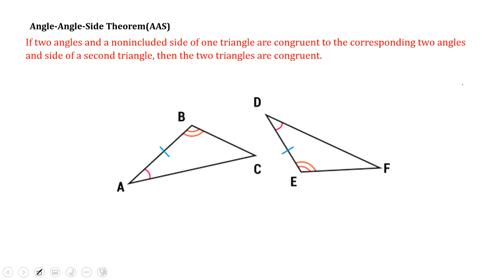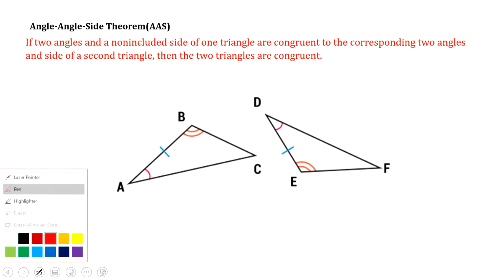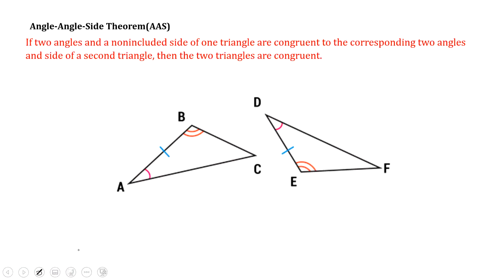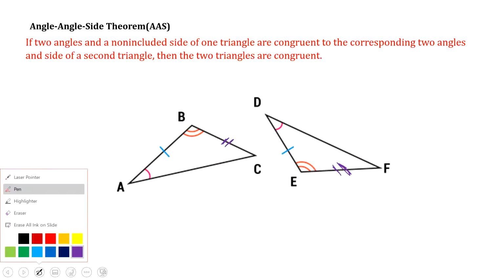My picture is totally of an included side, so that's not going to help us. So if we forget about that and say that this side here is congruent to this side here, that is what we would be seeing in our angle angle side theorem.